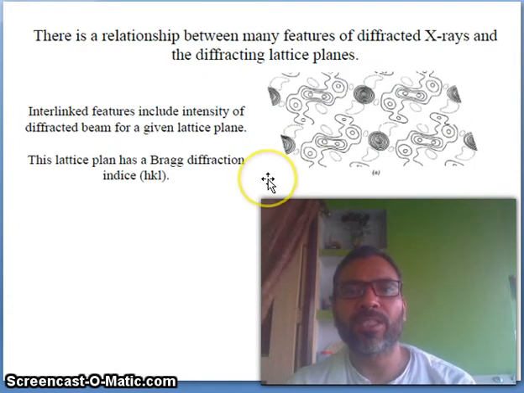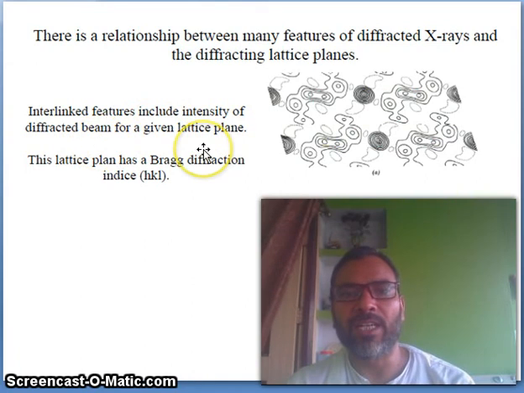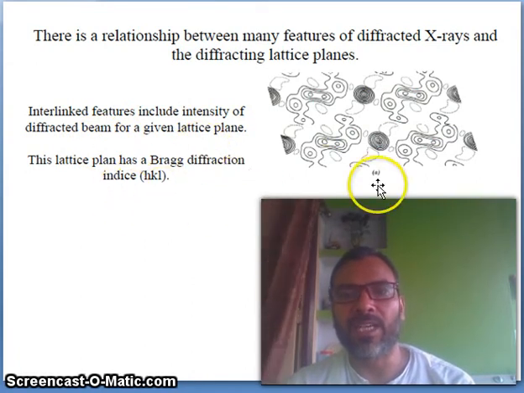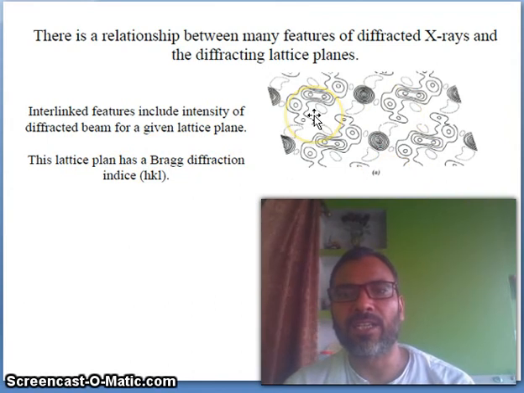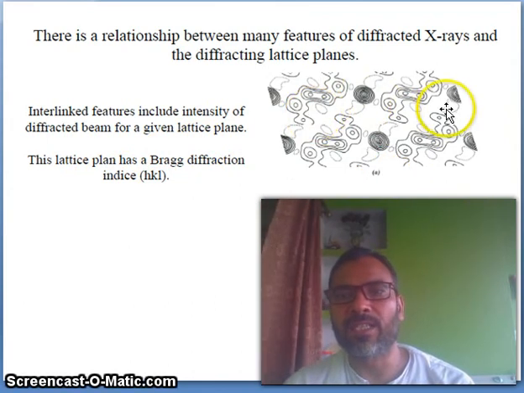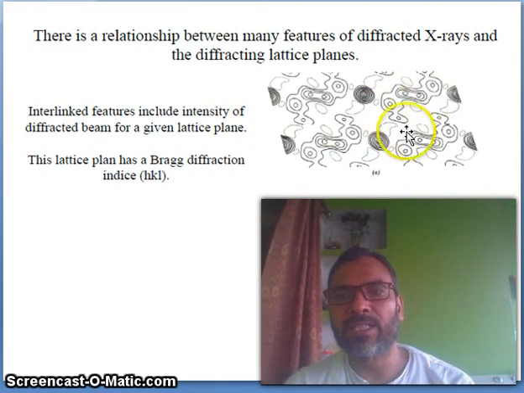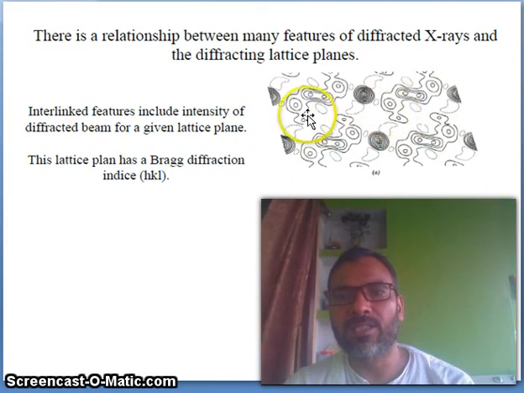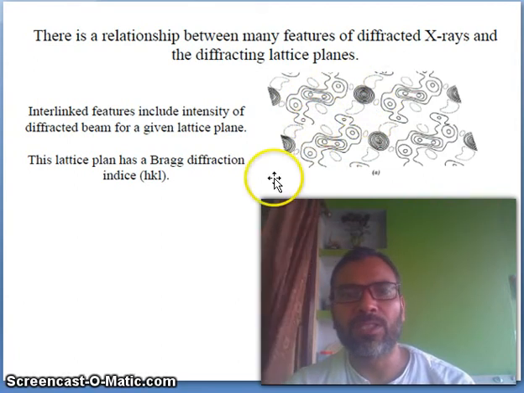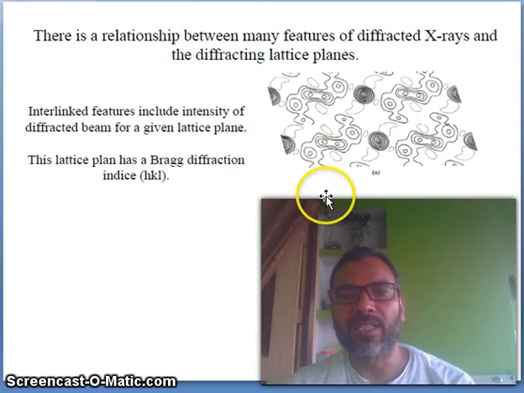Now there is a relationship between many features of the diffracted X-rays and the diffracting lattice planes. The interlinked features include the intensity of the diffracted beam for a given lattice plane. This lattice plane has a Bragg diffraction indicated by HKL.